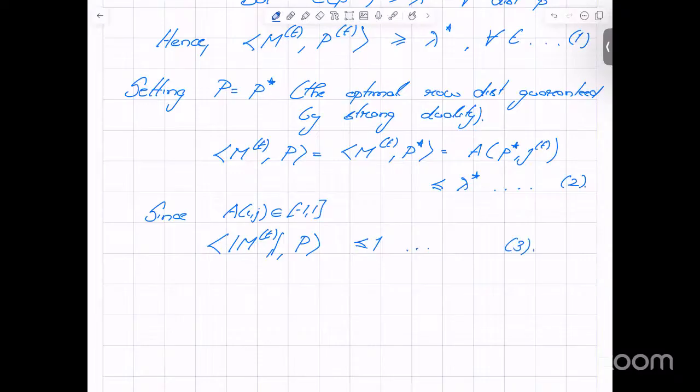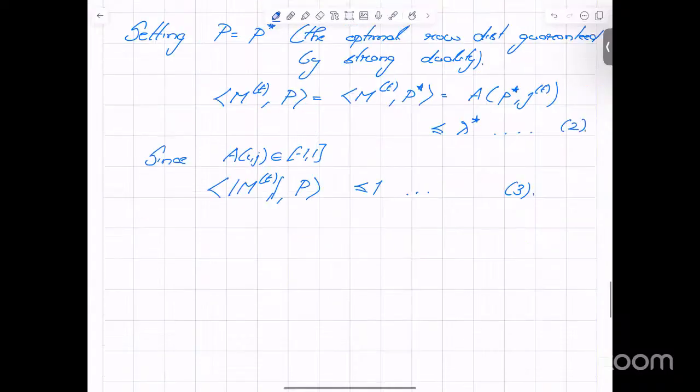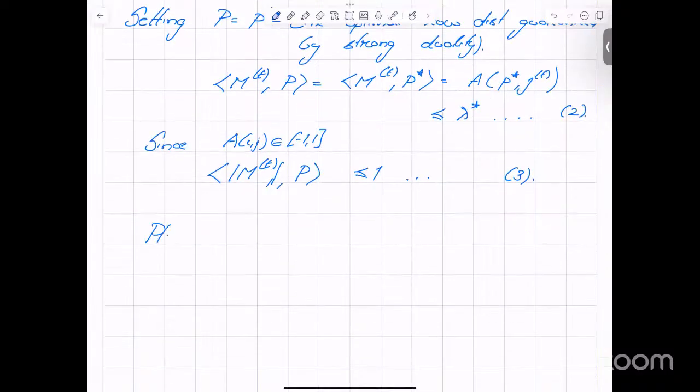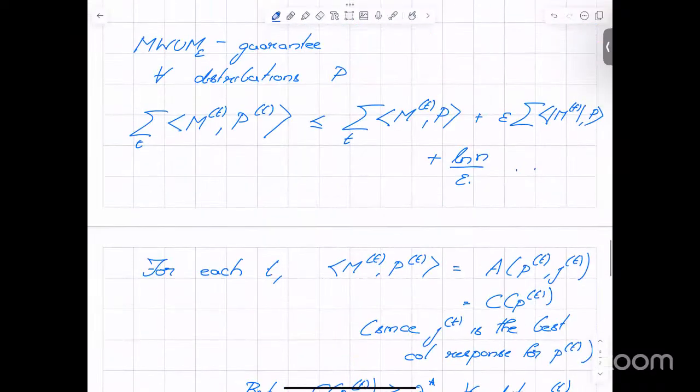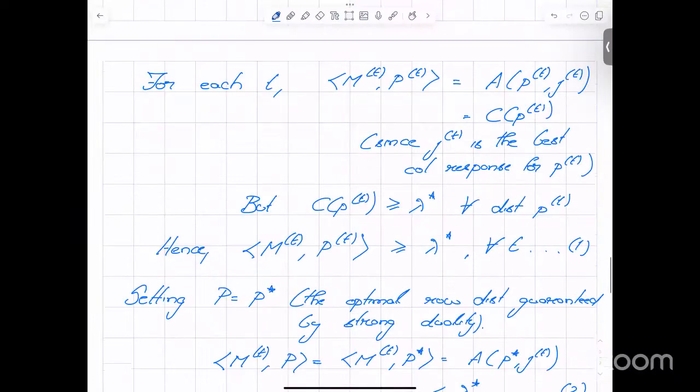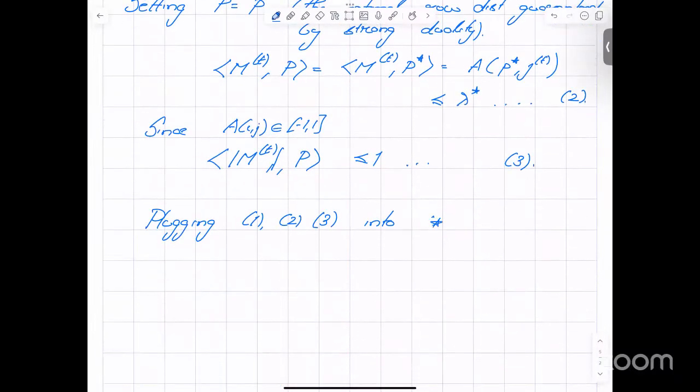Okay, let's plug 1, 2, 3 back into the bound. What do we get?